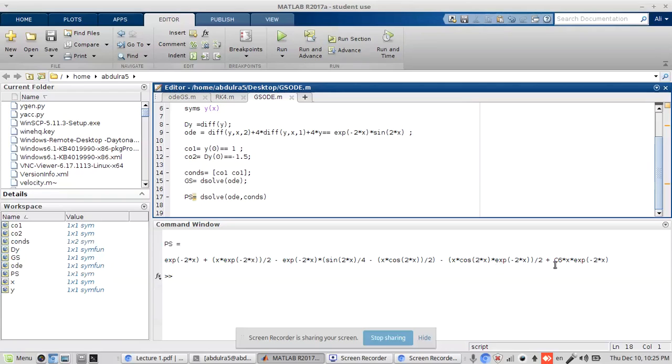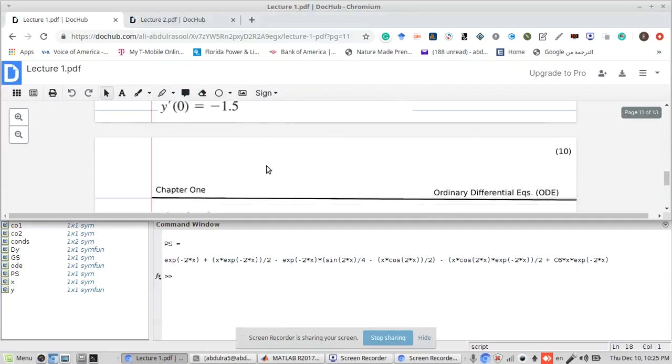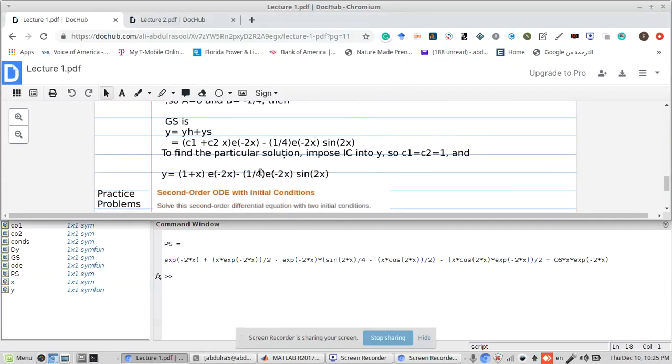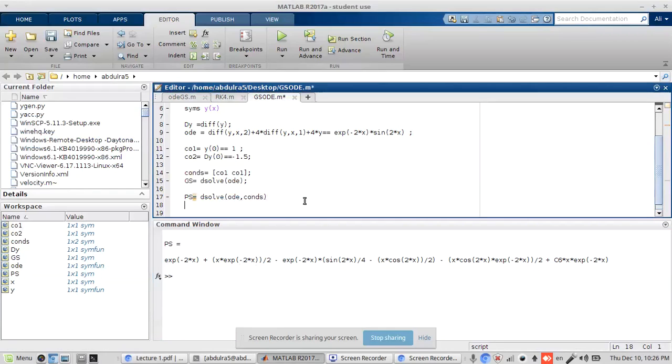So now I have some equation for the result. I mean, in the analytical solution, I got the general solution. So let me compare the solution of Matlab with the solution of the analytical one. Before that, let me do some simplifying.